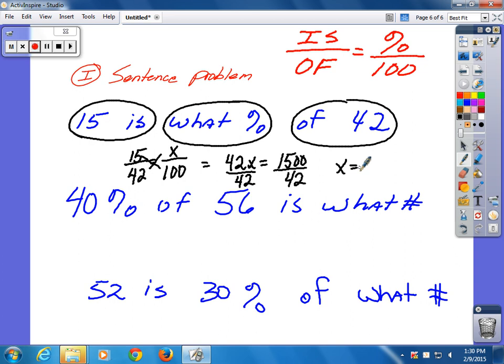X is equal to... somebody do that for me. 0.028. And that is what? 2.8 what? Percent. So 15 is 3% of 42. Or 2.8% to be precise.